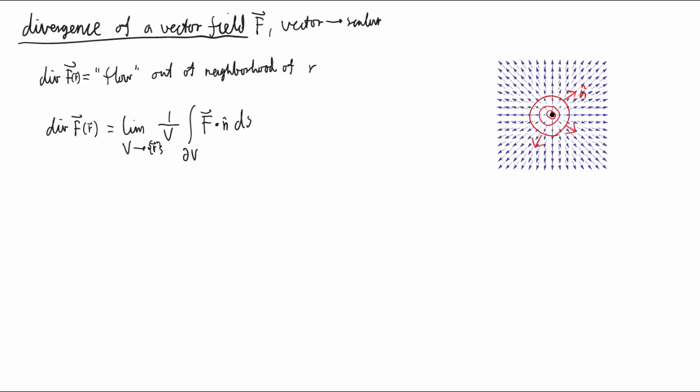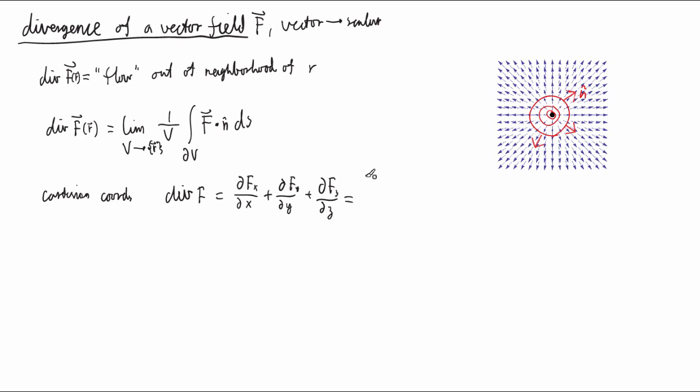Okay. In Cartesian coordinates, the divergence of F is just the sum of the partial derivative of F sub x with respect to x, dFy/dy, and dFz/dz.